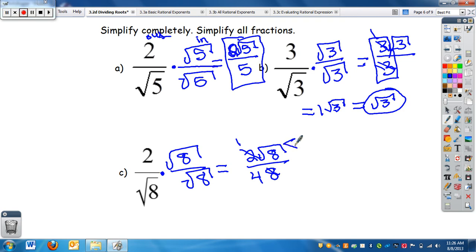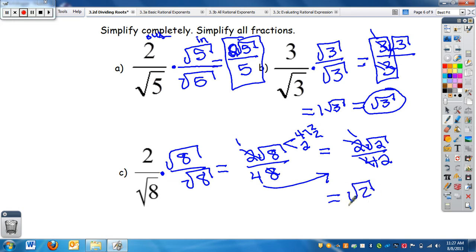So I have root 8, which simplifies down to 4 times 2, which is 2 root 2. So that becomes 2 square root of 2 over the 4 I got from here. And then I gotta check again. Oh, wait, my outside simplifies one more time. So after all that work, this is root 2 over 2.